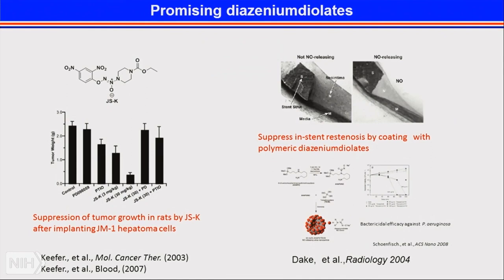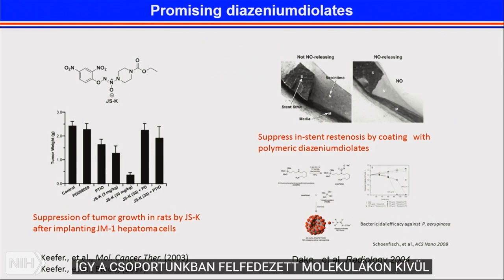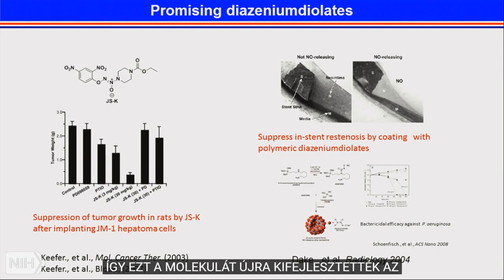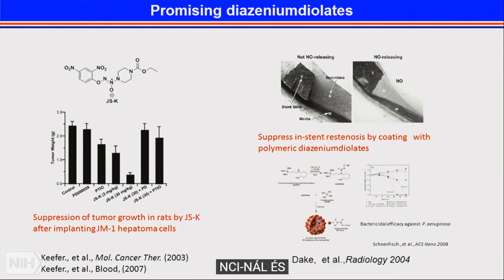So, apart from the molecules discovered in our group, I'm going to go over a few other molecules which have been studied by different groups. So this molecule, JSK, which was again developed at NCI Frederick in Dr. Keefer's group, shows significant decrease of tumor volume in different cancer cell lines.